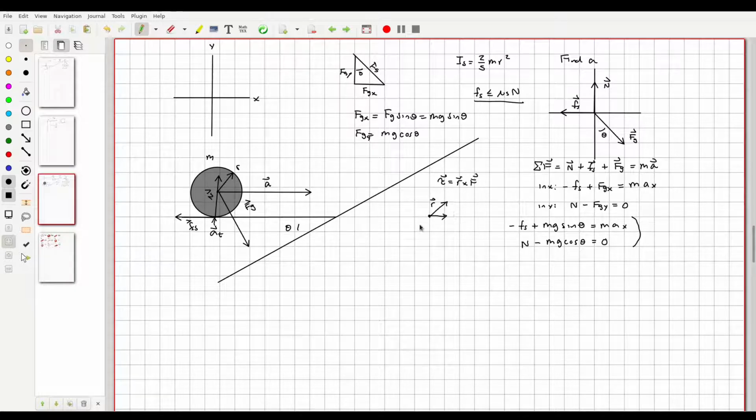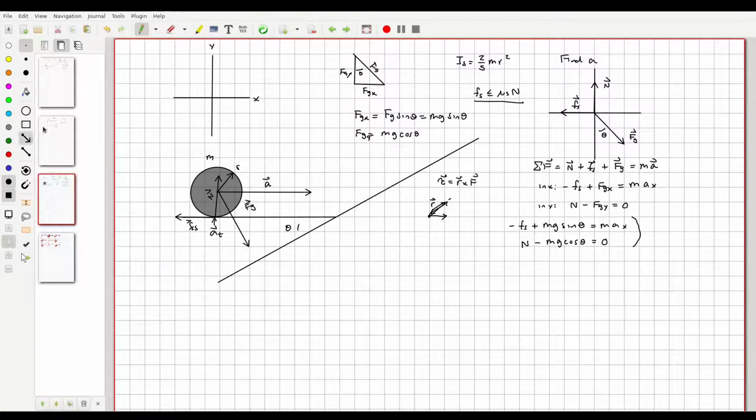Likewise, let's pretend that I applied my force straight down through the center, like, for example, the normal force here. If you go back and look at my examples of torque, that doesn't give you any torque. So out of these three forces that we have here, only one of them actually is going to produce any torque whatsoever, and that's the frictional force.